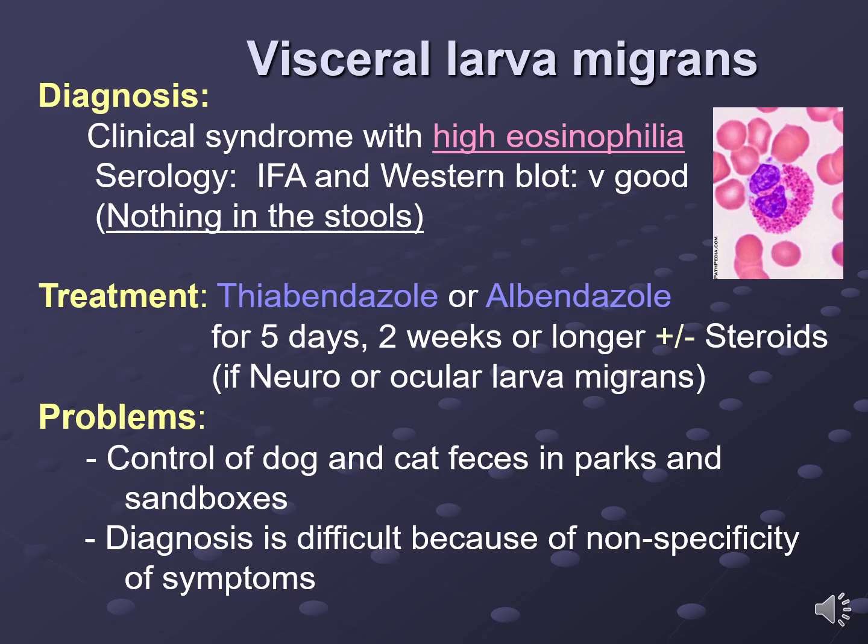We don't have thiabendazole here, so we really resort to albendazole, which has to be given for at least 5 days, sometimes for 2 weeks, depending on the cases, especially for neuro or ocular larva migrans. Problems: control of dog and cat feces in parks and sandboxes, so they have to be disposed of in a hygienic way. Diagnosis is difficult because of non-specificity of symptoms, but this is where eosinophilia and serology can be very helpful.